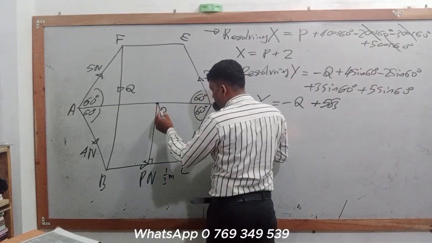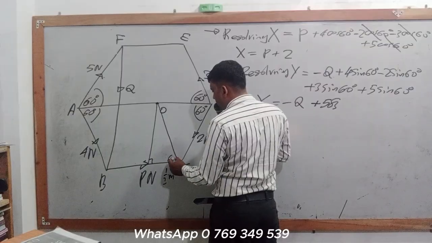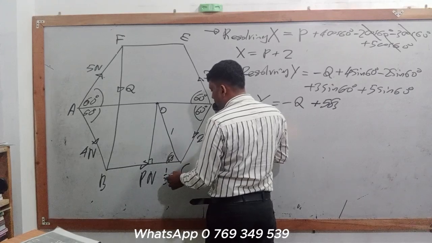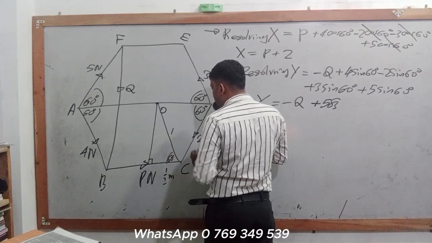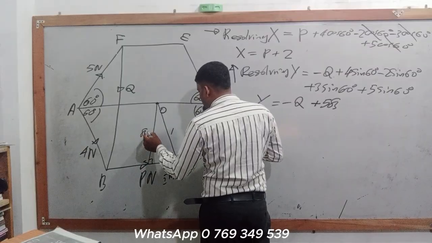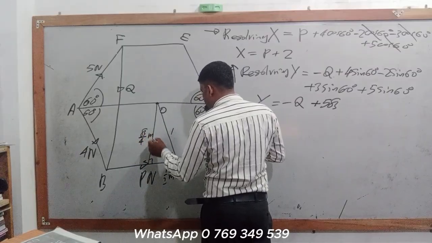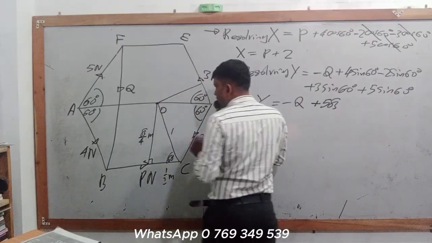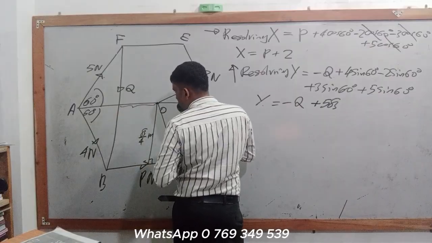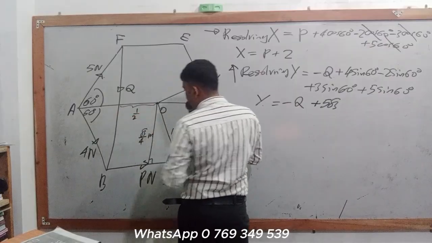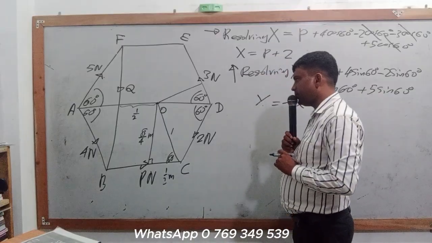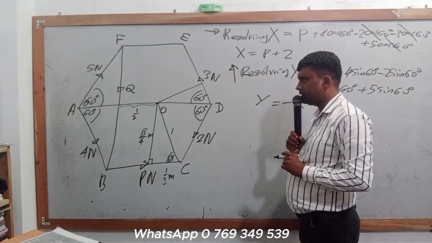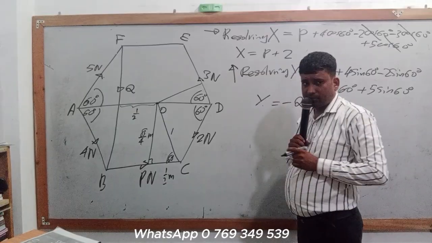This is 60, this is the half, and this is the 1. Half sine 60, and sine 60 is root 3 over 2. Therefore, this is root 3 over 4 meter on one side, and this one also the same. But this one is half.